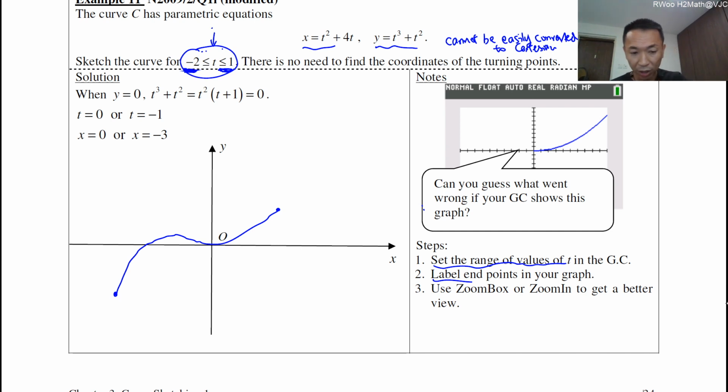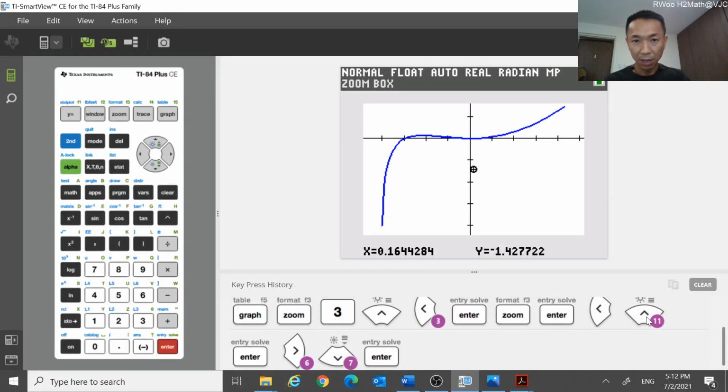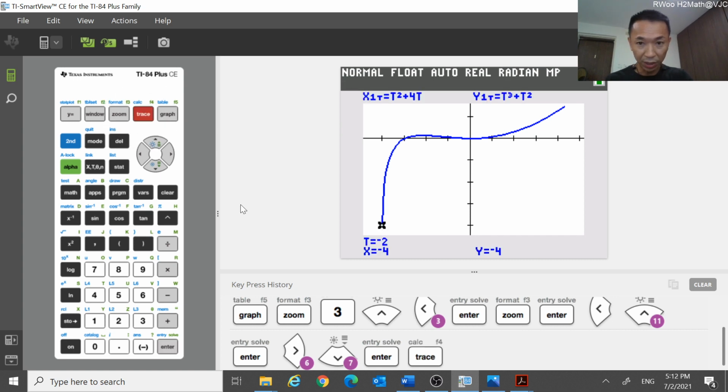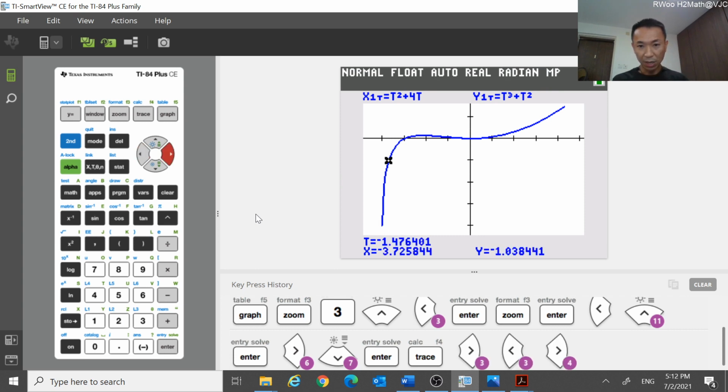The clue goes here. Actually, you can use your GC. You do suspect, not always true, that the endpoints come from t equals -2 and t equals 1. So let's go to our GC. First thing you do, you go to the trace function. You press trace one time. What it does is you can go left, right. But I say don't use left, right.